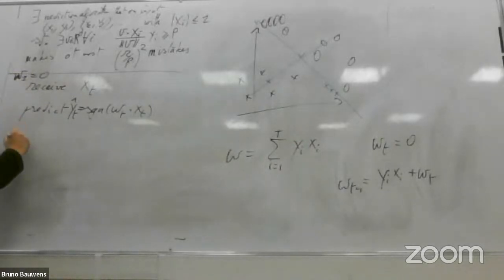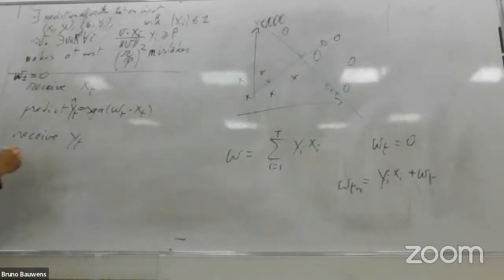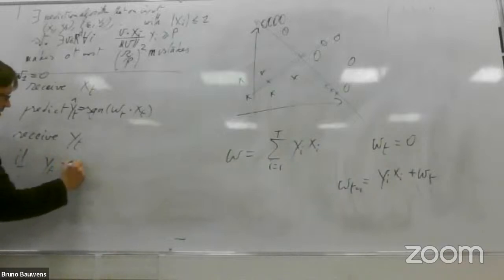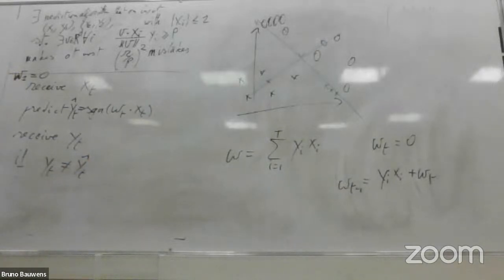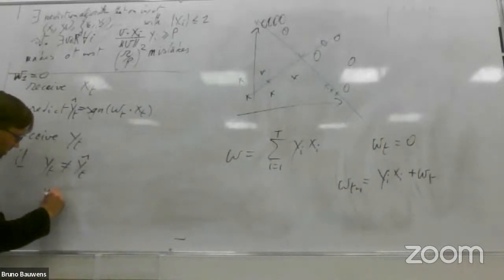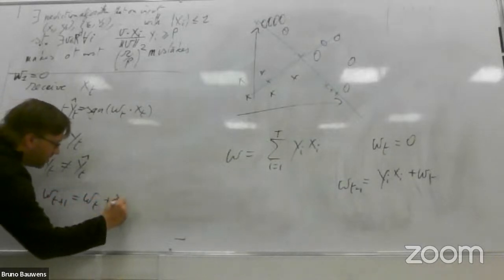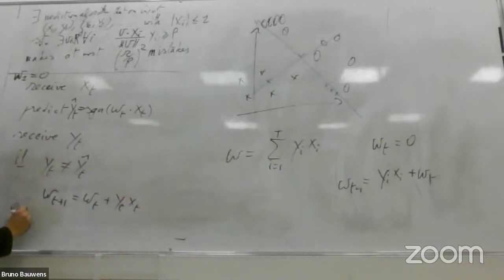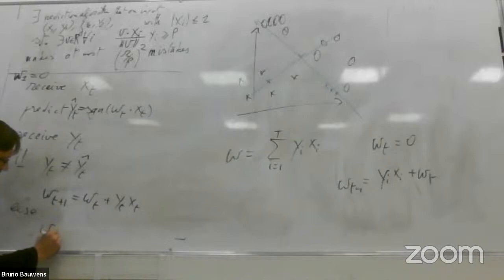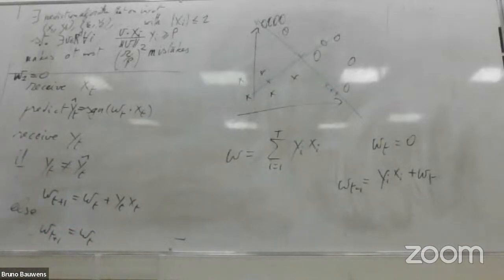Then we receive the true label, and if yt is not equal to the predicted label, we set wt plus 1 equal to wt plus yt xt, and else wt plus 1 equal to wt. So this is the algorithm.